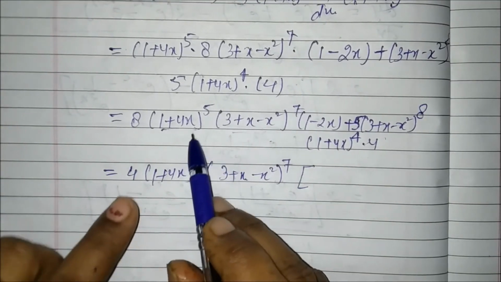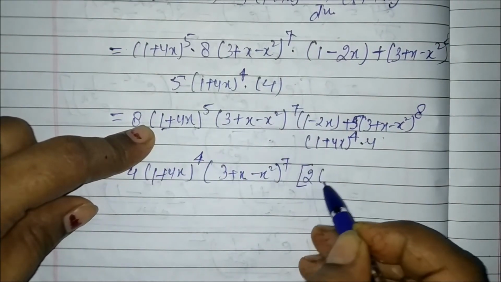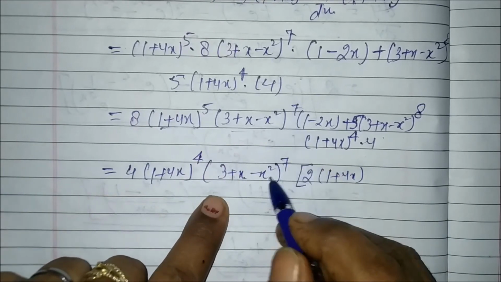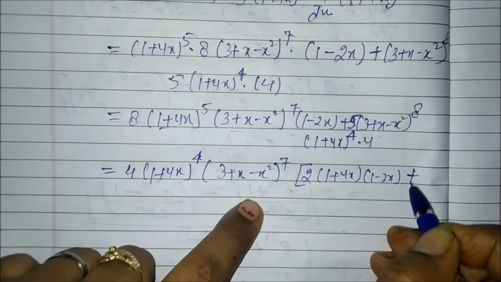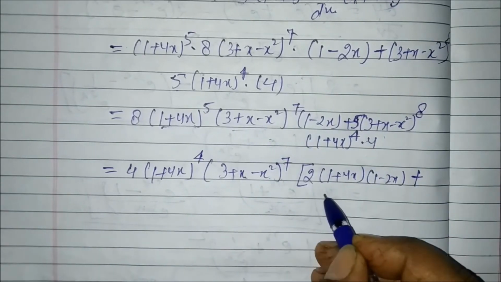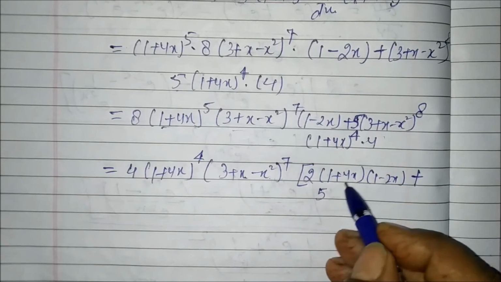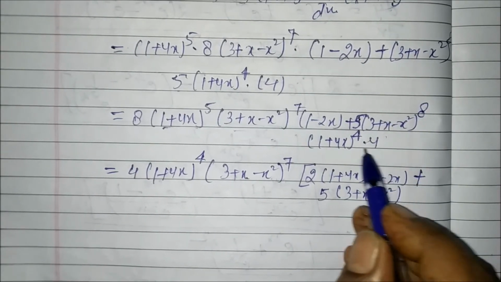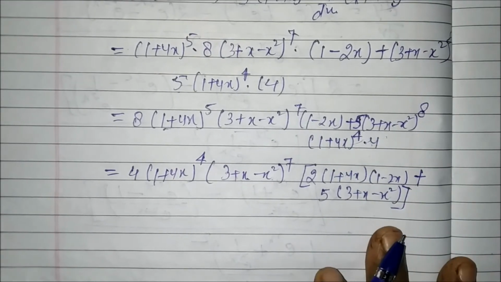We have 1 power of (1 plus 4x) from here, and 2 into (1 plus 4x), this is taken whole common, into (1 minus 2x), plus from here we have 5 left, and this one power of (3 plus x minus x square) is left, and 4, and this one is taken common, so this is left only.